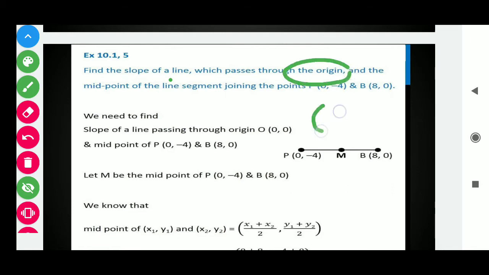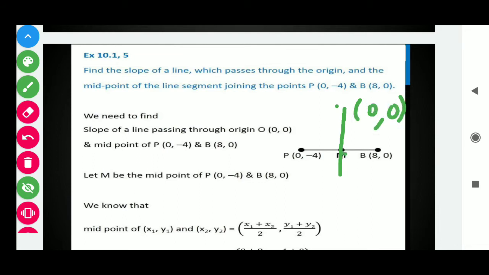One point is 0, 0. We need to find the second point, the midpoint of the line segment joining the points. In this way, the line passes through the midpoint of the points joining P and Q, and this line passes through the origin and M as well.